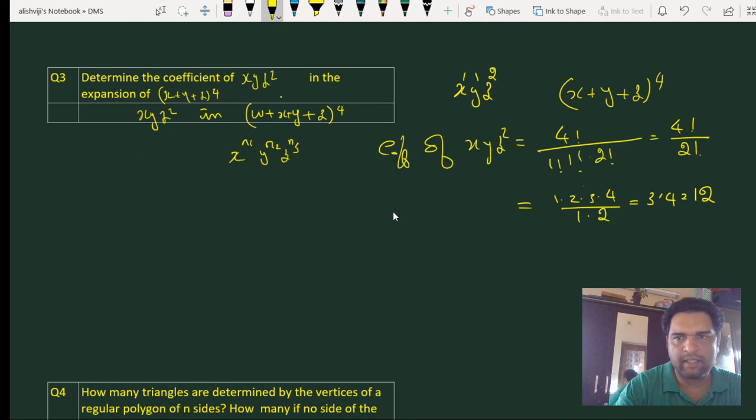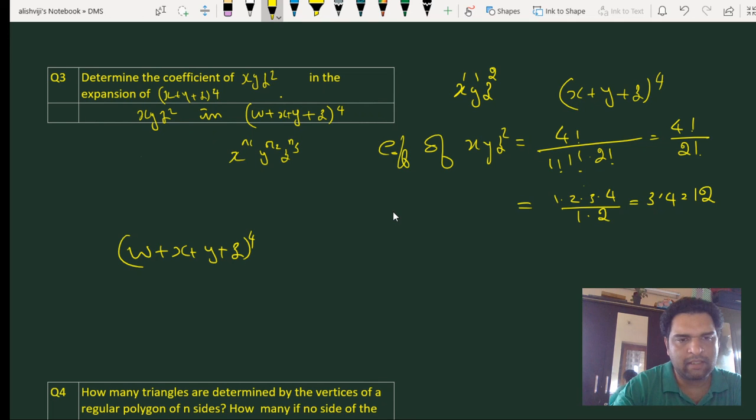And in a similar way, we can find the coefficient of x y z squared in the expansion of (w plus x plus y plus z) all raised to 4.